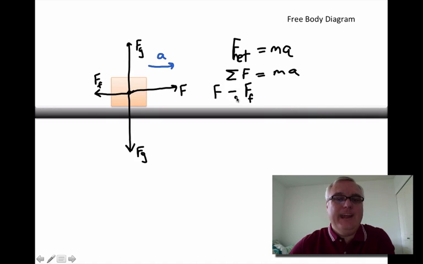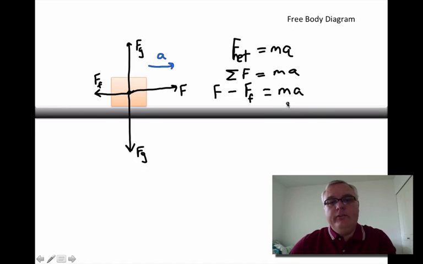So I put it in as a negative because it's in the negative direction. Those two forces together cause my mass to accelerate. So now I can write in my force that's applied, calculate the amount of friction using the mass. I would then be able to determine the acceleration of this block.